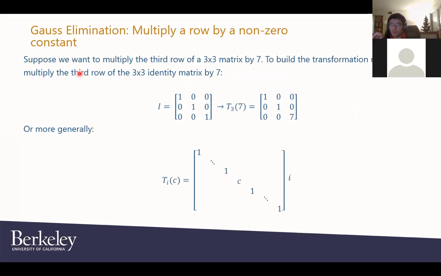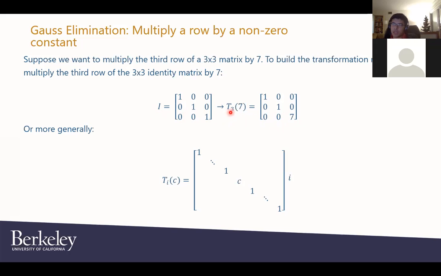Okay, so the other valid operation we can do in Gauss elimination is to multiply any given row by a non-zero constant. Let's say we have a 3x3 matrix and we want to multiply the third row by 7. The transformation matrix we need, we will get it by applying that operation to the identity matrix. So if we have the identity matrix of 3x3 here, the transformation matrix we want is multiplying the third row of the identity by 7. You can see that here.